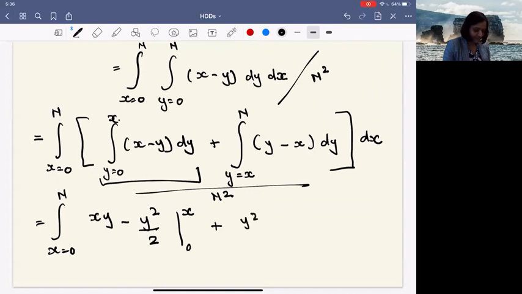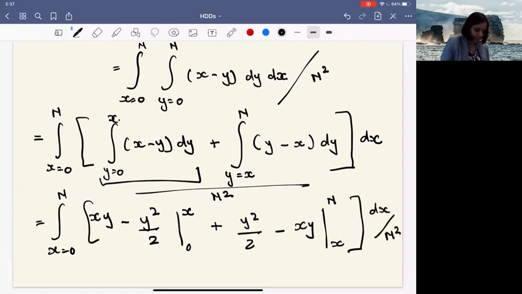Here we have y squared by 2, integral of y with respect to dy, minus integral of x with respect to y is nothing but xy. Again, the limits are from x to n. This whole dx divided by n squared.